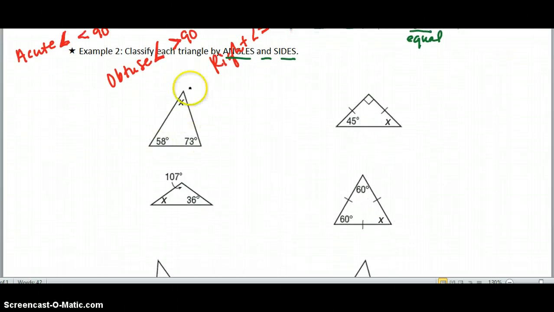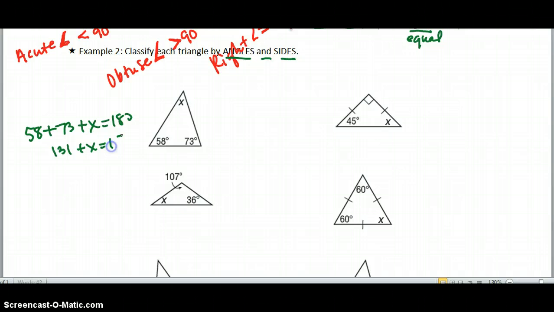Alright, well my very first problem here, I do not know my missing angle. So the first thing I have to do is do the math. 58 plus 73 plus x should add up to be 180. And as you get good at this, the more you do it, the faster you will get.